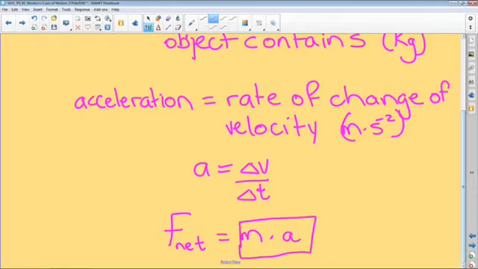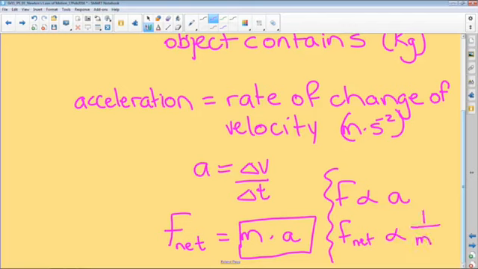Now you can see why we say that the net force is directly proportional to the acceleration.